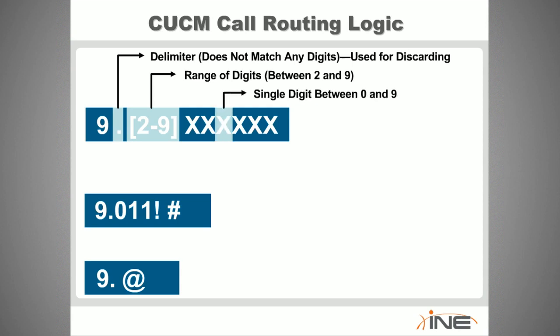Then the rest of the capital X's match any single digit between 0 and 9. It's important to note that they do not match star or hash. Hash, sometimes called pound in the US, sometimes called octothorpe, which is actually the proper name for the hash.